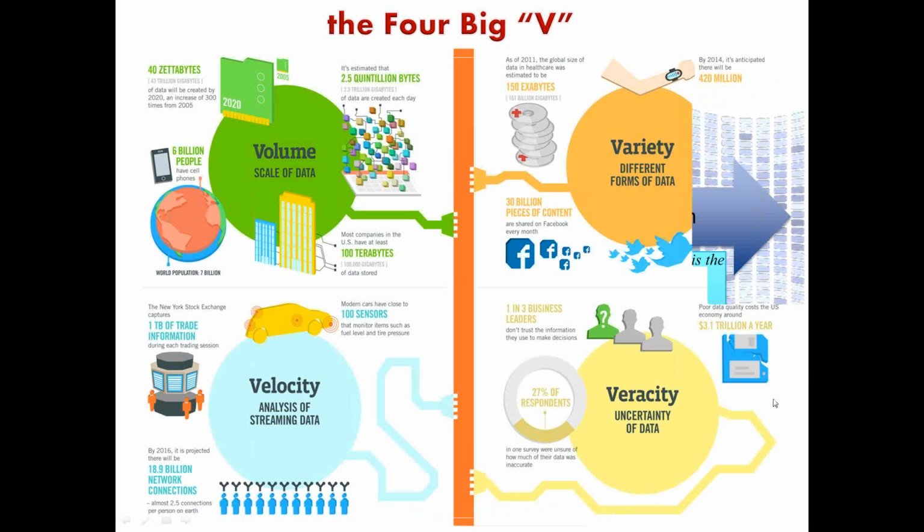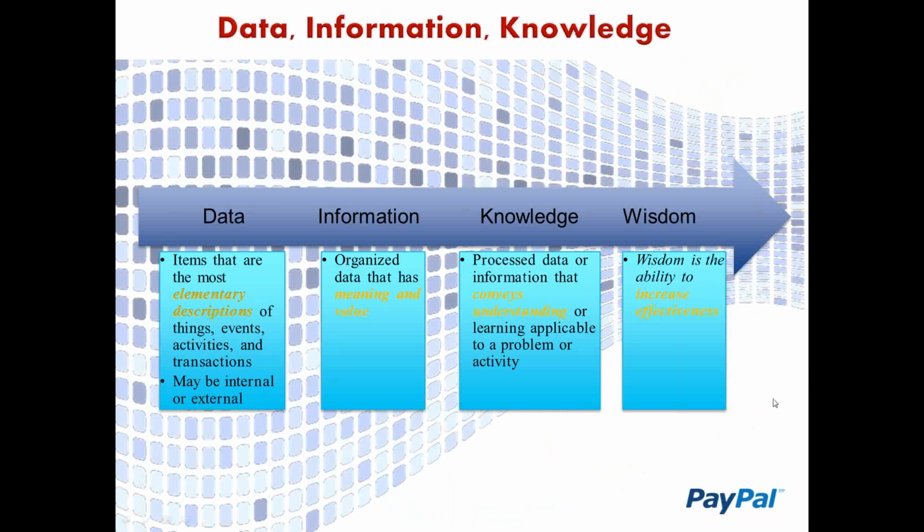So in the next slide, I just want to talk about what data could mean and what are the different transformations data can take from place to place, from time to time. If you take the first one, the most elementary form of any information is data, right? From there the data evolves into a meaningful value called information.